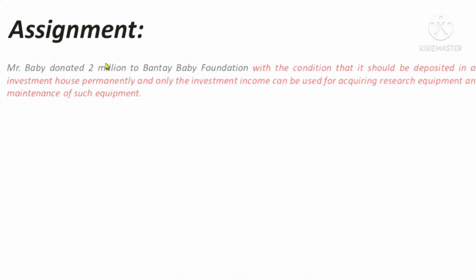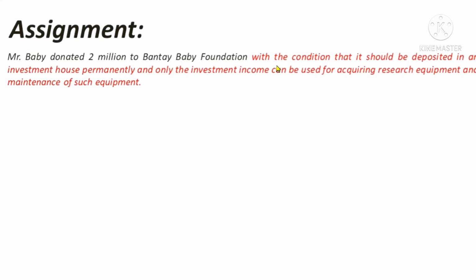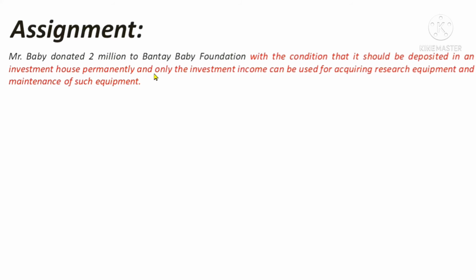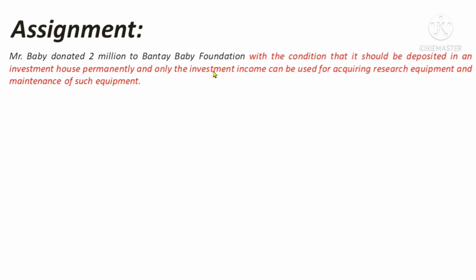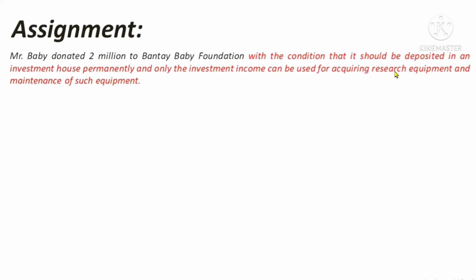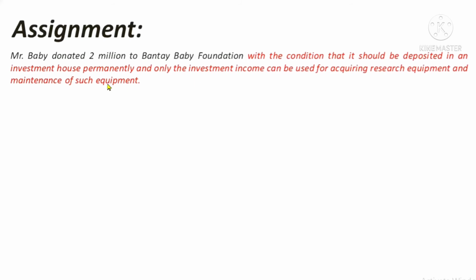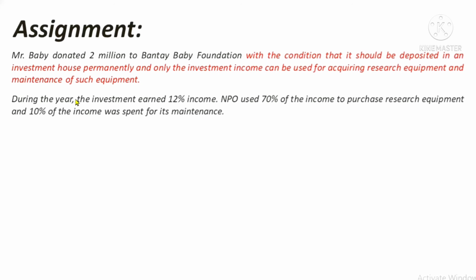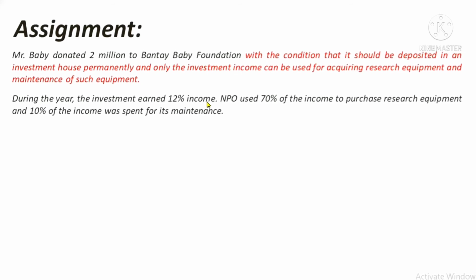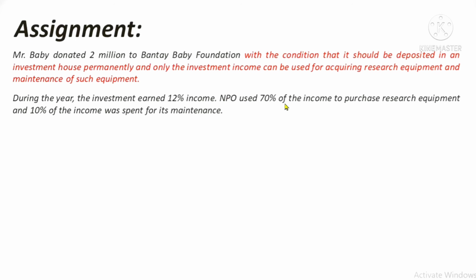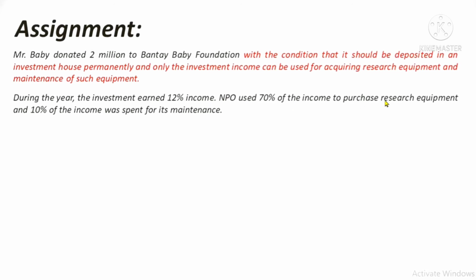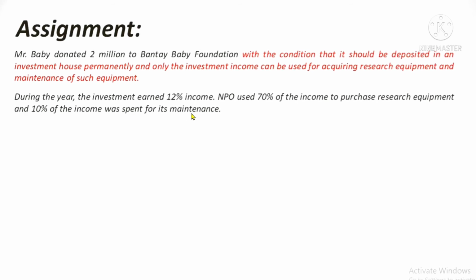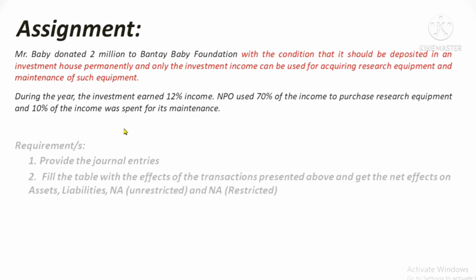What if Mr. Baby donated 2 million to Bantay Baby Foundation with the condition that it should be deposited in an investment house permanently, and only the investment income can be used for acquiring research equipment and maintenance of such equipment? And what if, during the year, the investment earned 12% income, and the NPO used 70% of the income to purchase research equipment and 10% of the income was spent for its maintenance?